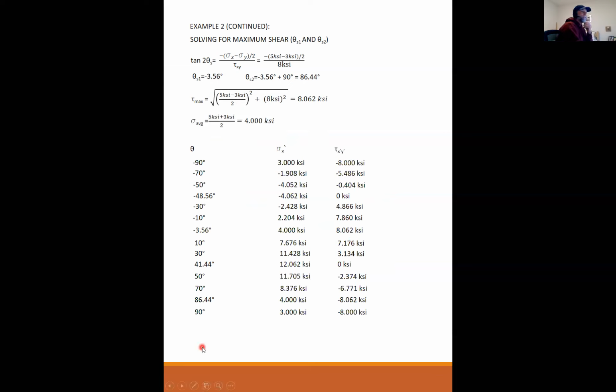But here's where they fit in, right here. Obviously, between minus 6 and minus 8, that's where your minus 8.062 is going to fit in. So this is the whole picture for that example, where we've gone from minus 90 to 90. We have found the minimum normal stress, the maximum normal stress, the minimum shear stress, and the maximum shear stress.